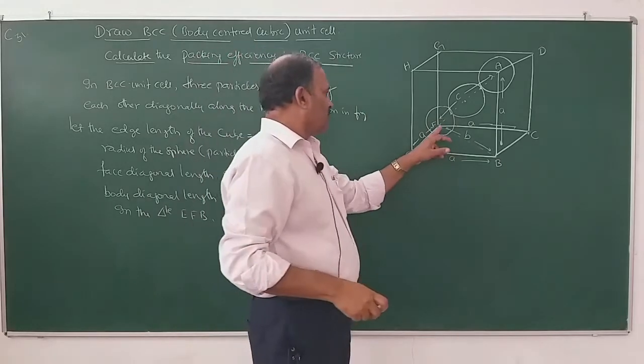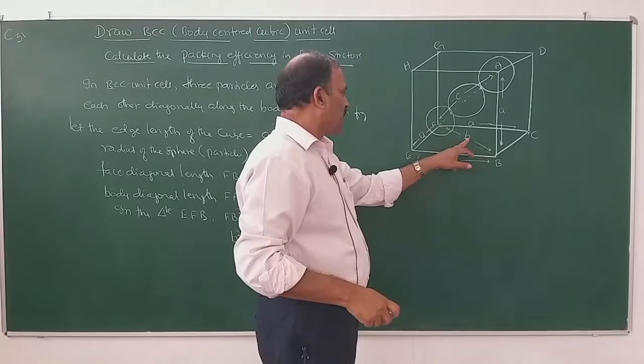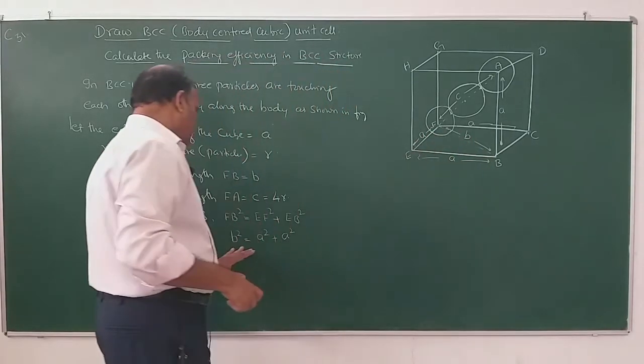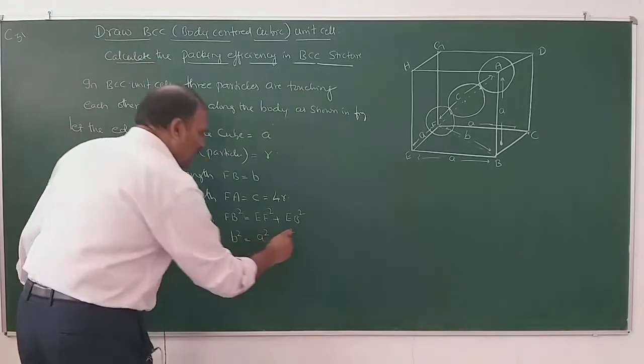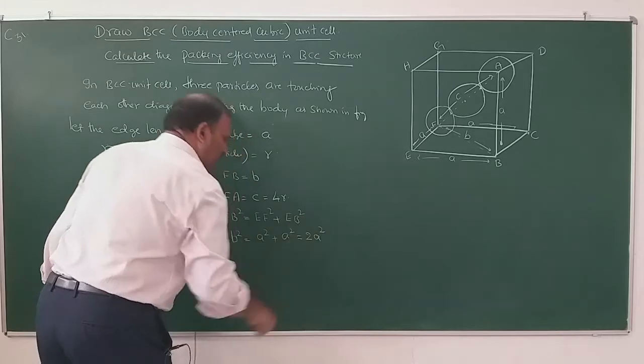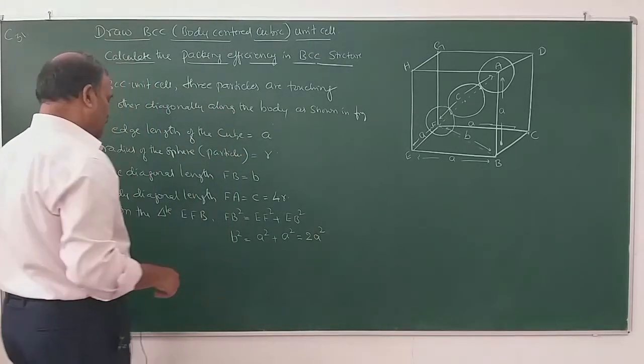So in triangle EFB, b square equals a square plus a square, that is b square is equal to 2a square.